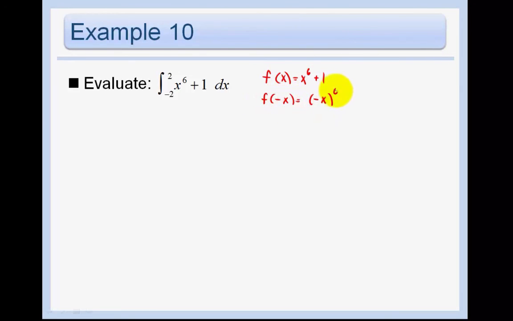Negative x to the 6 plus 1, which is, negative x to the 6 is just x to the 6. Okay, therefore it's definitely even. So instead of doing this, we can rewrite it as 2 times the integral from 0 to 2.